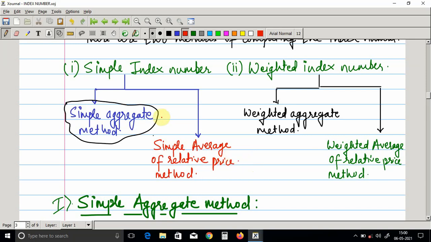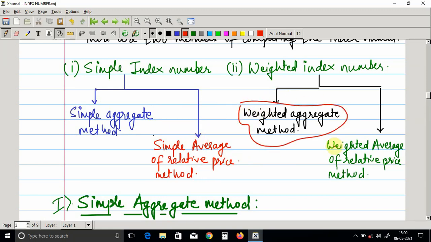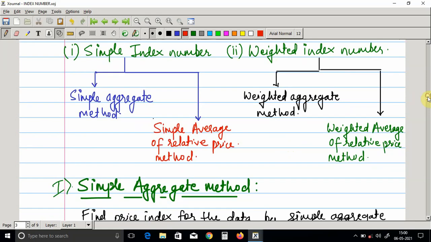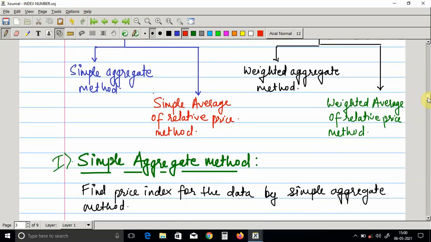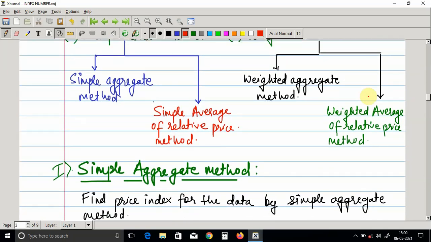The next is the weighted index number, which can be constructed by the weighted aggregate method. The second is the weighted average of relative price method. So these are very simple methods to create an index number. In fact, both of them are not difficult.